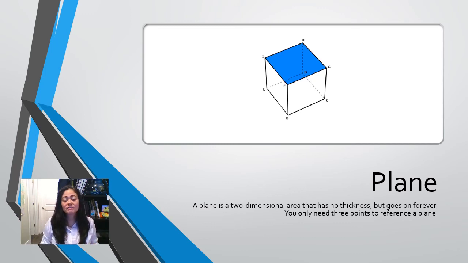So we could identify this plane by at least three different points. So we're going to call the plane IHG or FGH or IFH. All you need is 3 points to identify a plane. And so any 3 points that are on this blue plane would identify it.